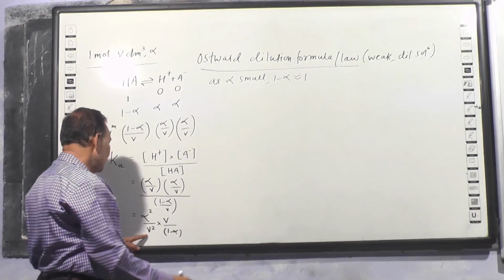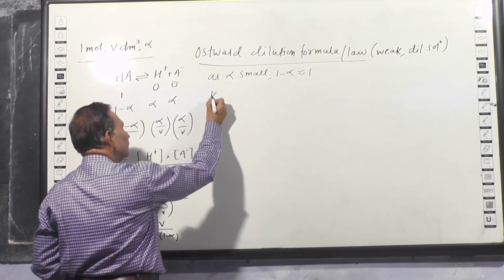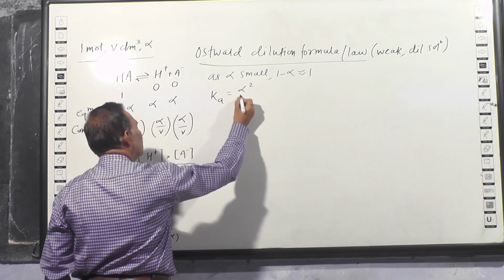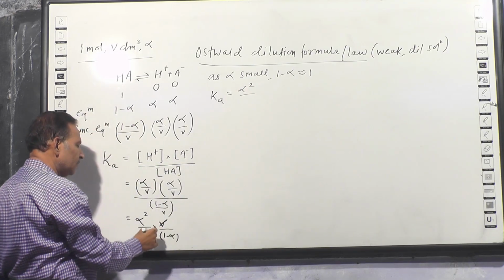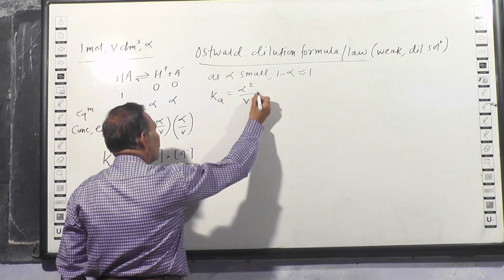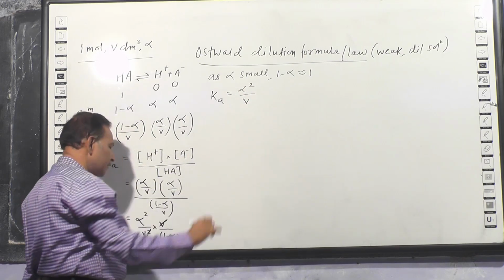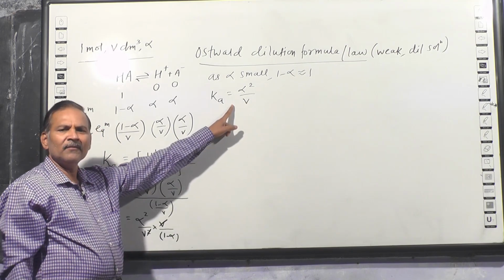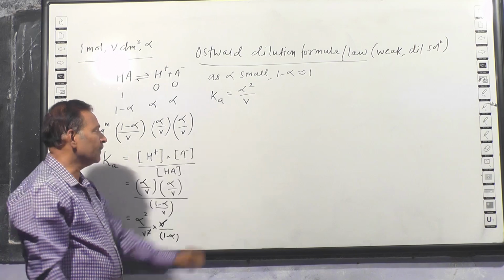If we put that value in this, Ka is equal to alpha square, this V will cancel with one of the V's, and therefore we'll be left with alpha square divided by V. At the place of 1 minus alpha we'll put 1. So this is the form we are getting.